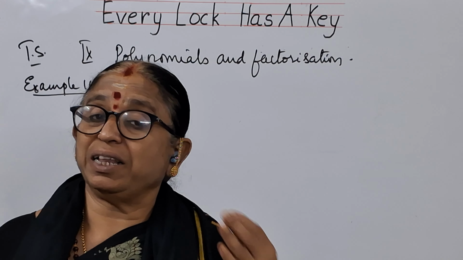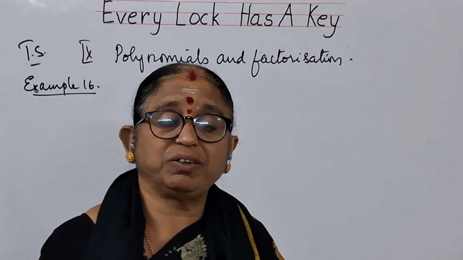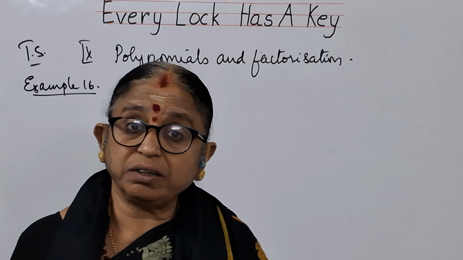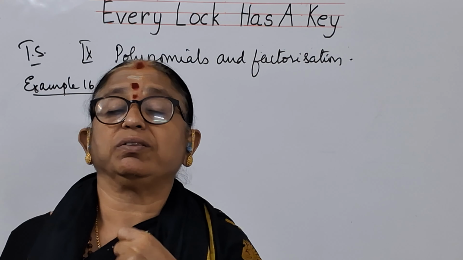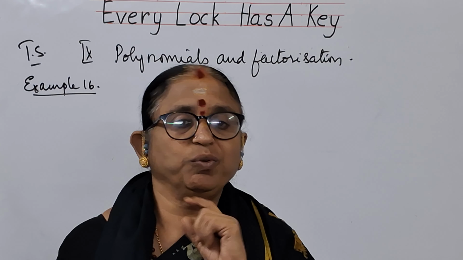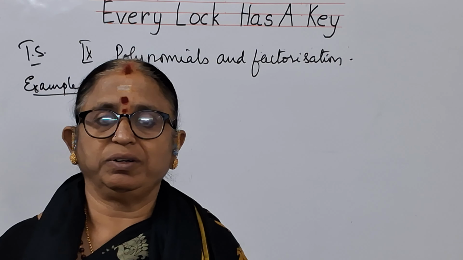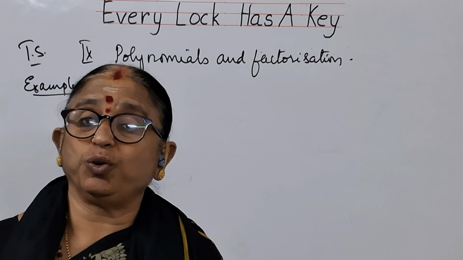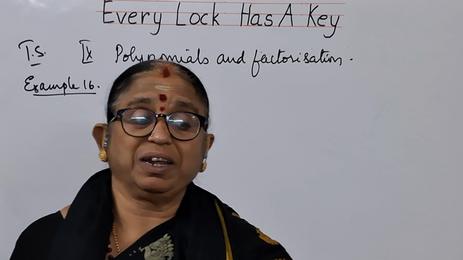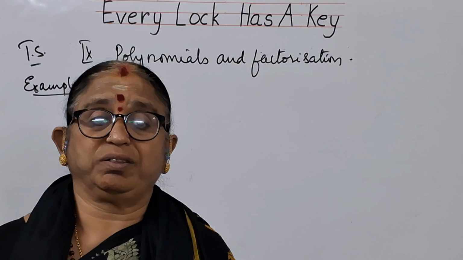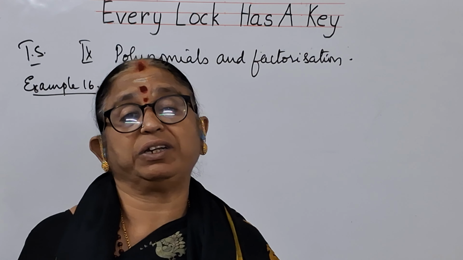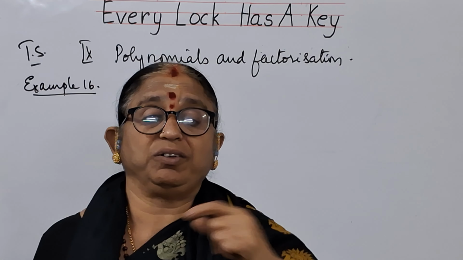They tried till they got the correct key. That means they have a firm decision that they have to solve their problem. This is what every one of us should have. In case you don't know how to solve the problem that has come to us, think about the solutions, find a solution for it, and then proceed in your life.